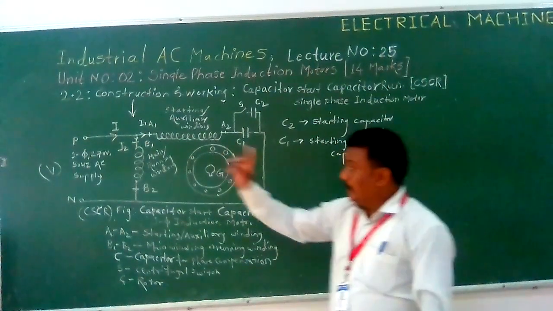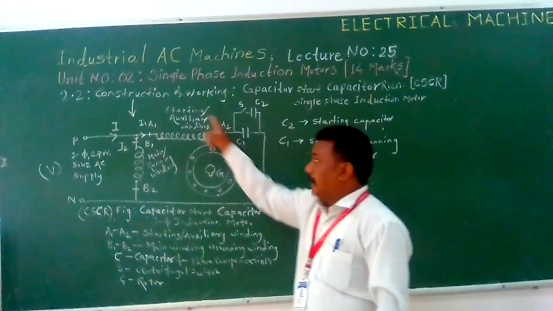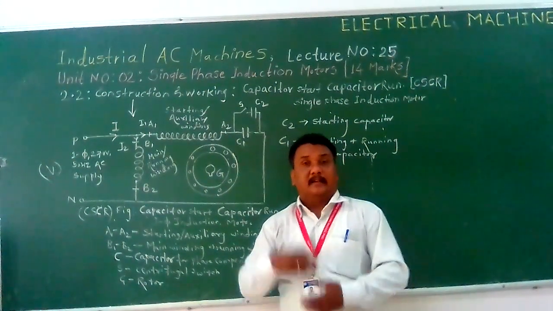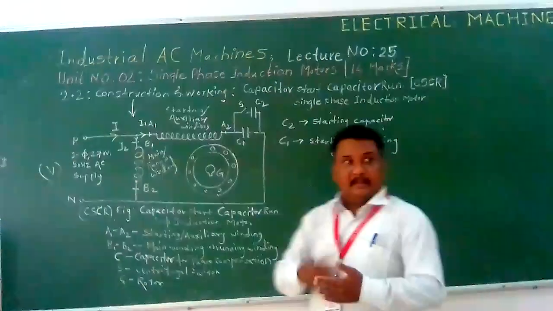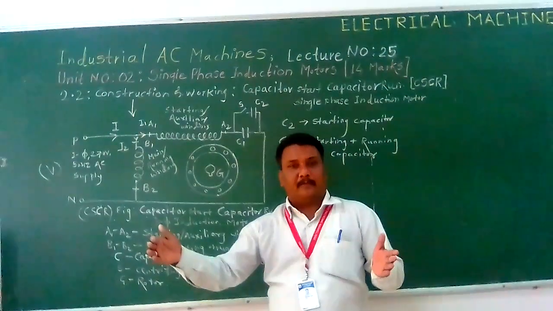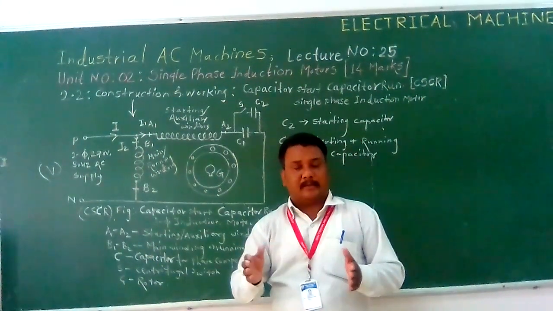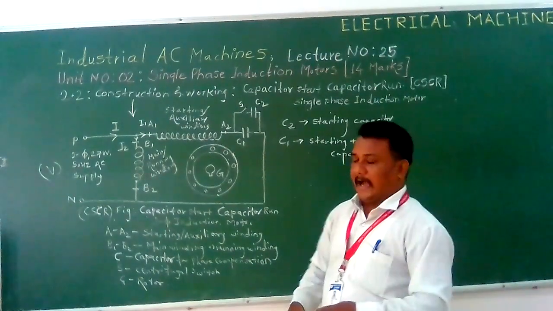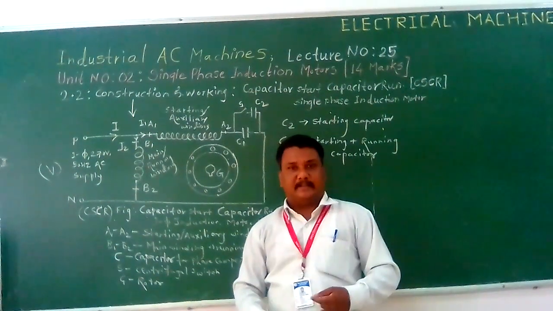A1, A2 is the starting winding or auxiliary winding. We know that it is highly resistive. Its length is very long, its area of cross section is very small, and its resistance is very high according to the principle of resistivity.